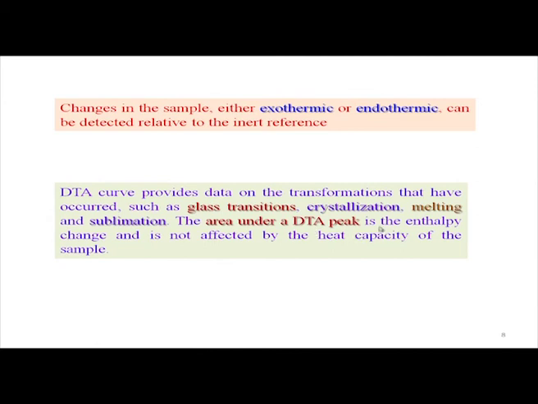We can monitor the corresponding enthalpy change, not affected by the heat capacity of the sample. We will ignore the sample heat capacity, but we are looking for these particular processes, and we basically monitor these in terms of the corresponding differential method.